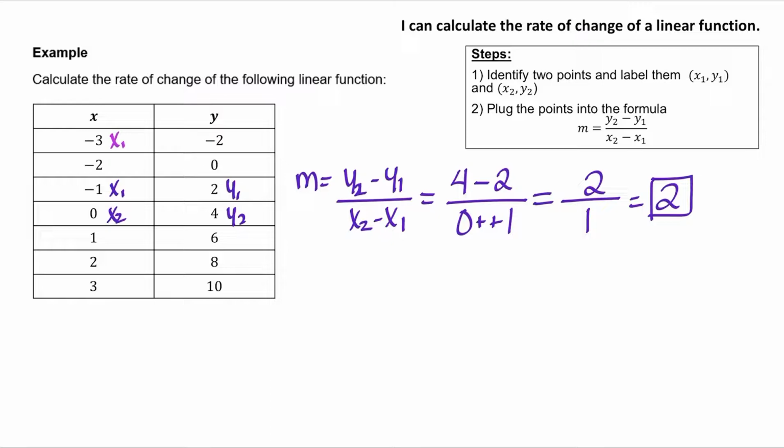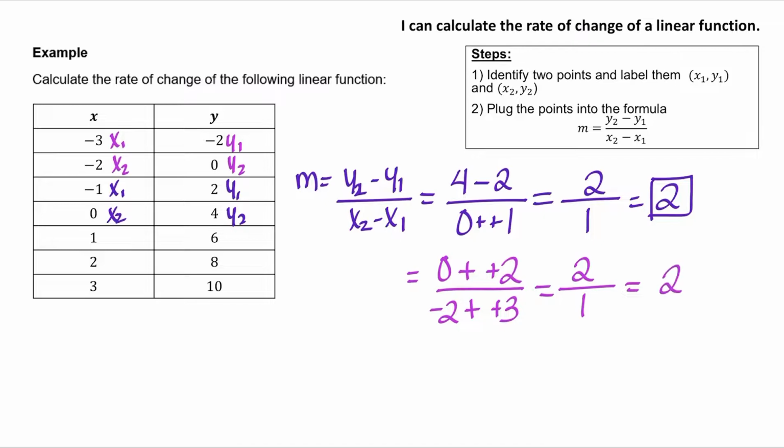For example, if I had picked this first point and this second point and plug into my equation, I will get y2 is 0 minus y1, which is -2, divided by x2, which is -2, minus x1, which is -3. 0 minus -2 will turn into 0 plus 2, which is 2, and that's divided by -2 minus -3, which will turn into -2 plus 3, which is 1. So 2 over 1 once again gives me a rate of change of 2. So you see, it doesn't matter which points you pick as long as you keep the x and y values together.